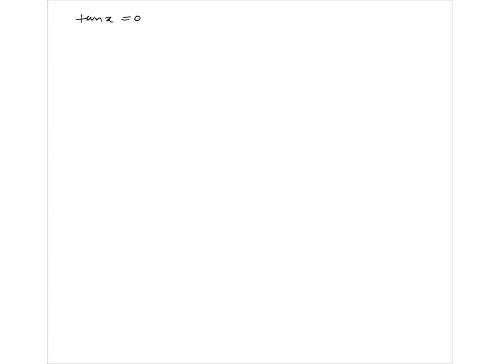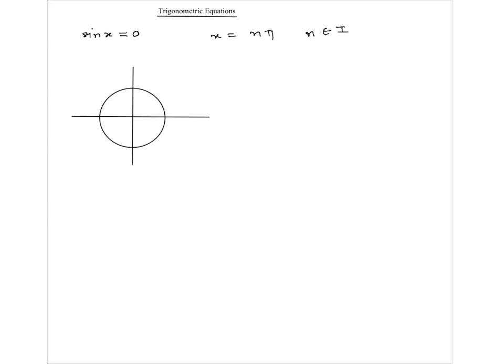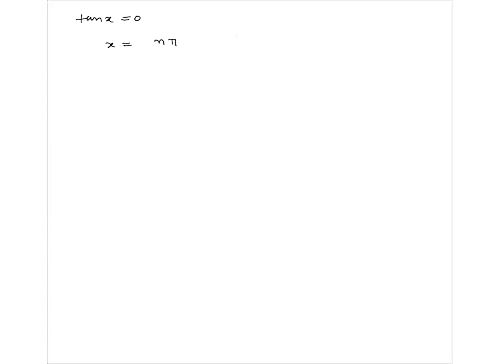Well, tan x is 0 when sin x is 0. So this is the same as what we have discussed earlier, where n is an integer.